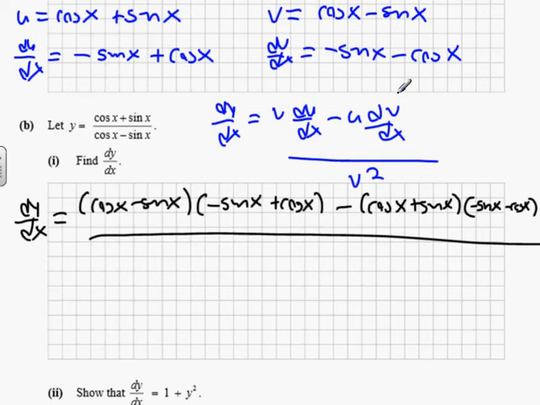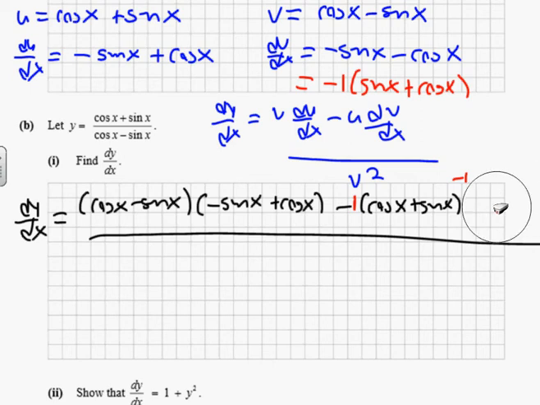So the thing to remember about this dv/dx is this dv/dx is minus 1 by sine x plus cos x. So I can modify this here. There's a minus 1 here, and there's going to be a minus 1 here, and I'm just going to change that to minus 1 times sine x plus cos x.